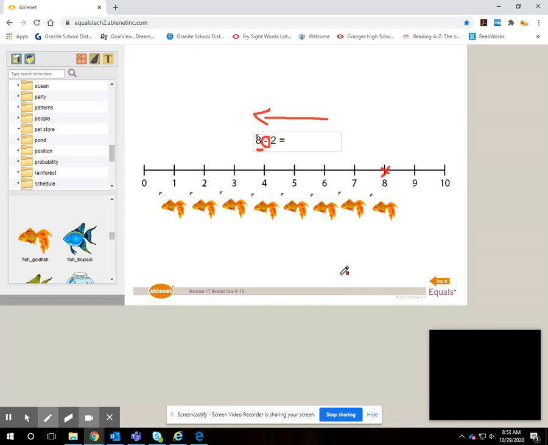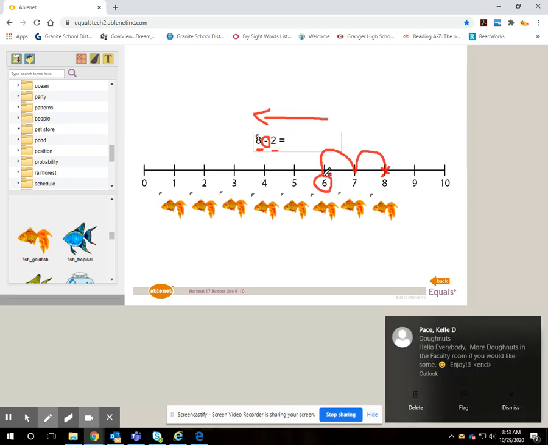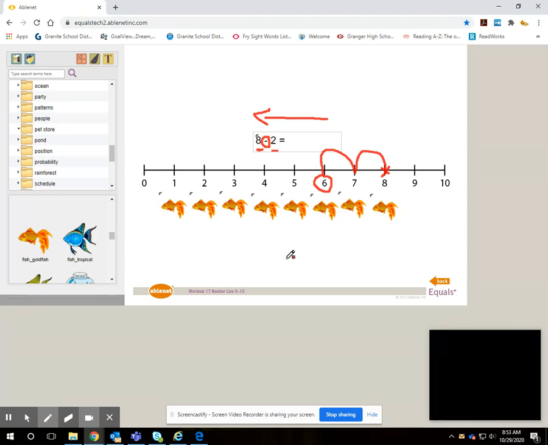So instead of counting on, like we did yesterday with addition, we're going to count back because this is subtraction. So it says that I'm going to count back 2 spaces. So I would go back this way, 1, 2 spaces, and it leaves me with 6.